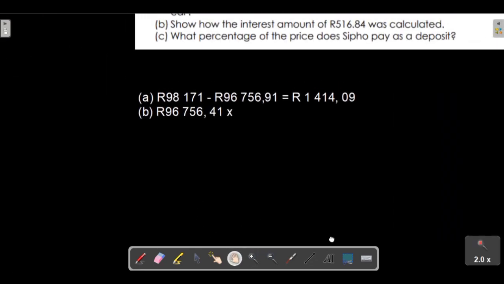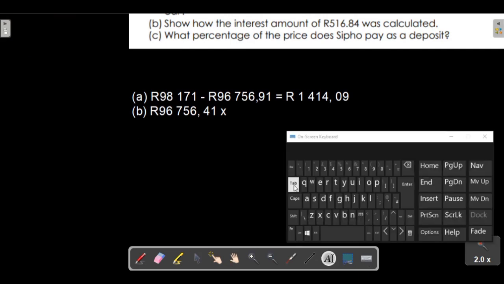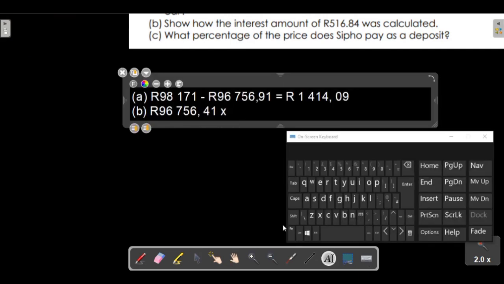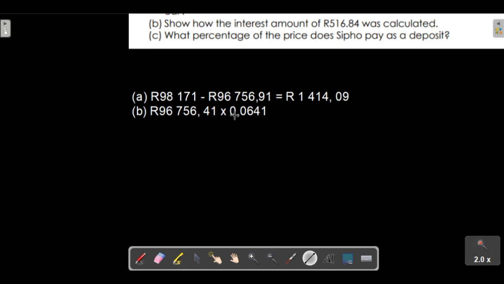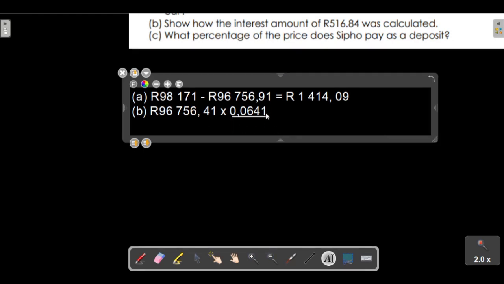So in other words, basically saying that this is your 0.0641, and then divide this by 12. I've already divided that 6.41 by 100, so now I'm going to divide this by 12.